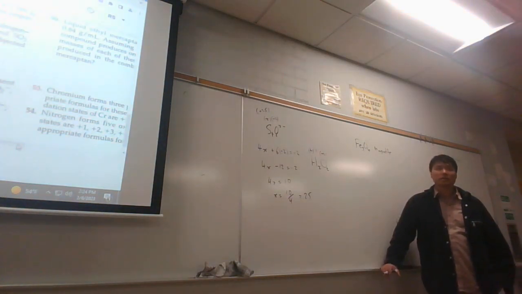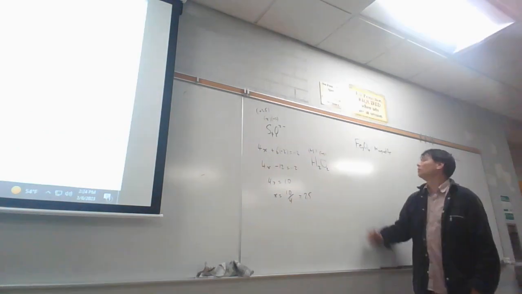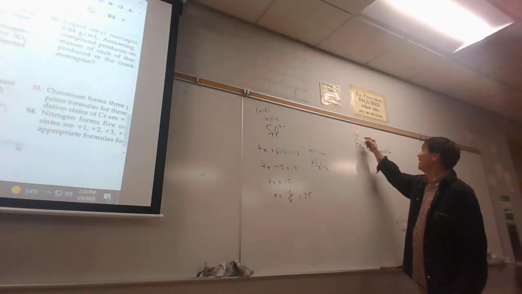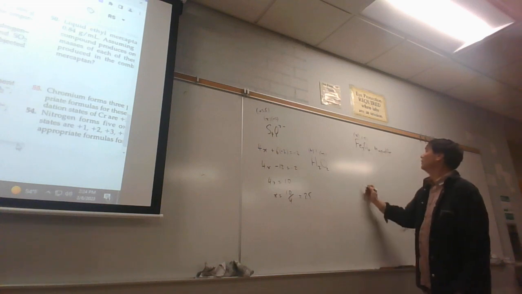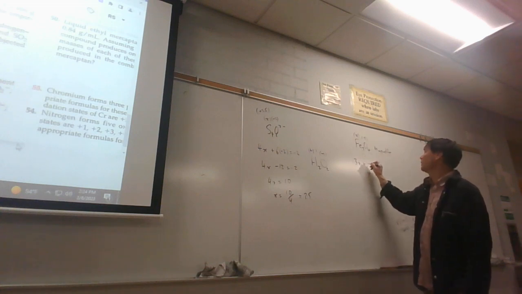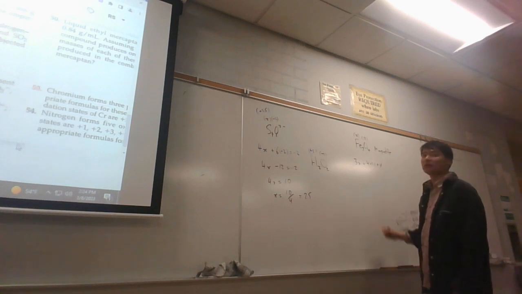What is the oxidation state on iron in magnetite? So we'll do the same thing. We'll call it iron X. Oxygen is -2. So we got 3x plus 4 times -2 is equal to 0.